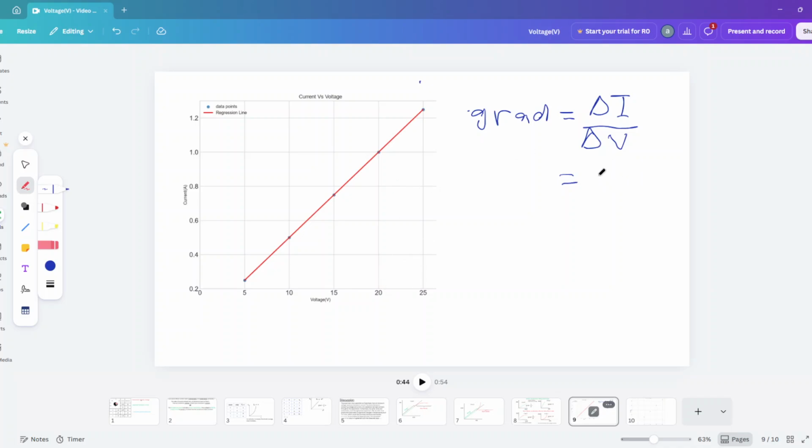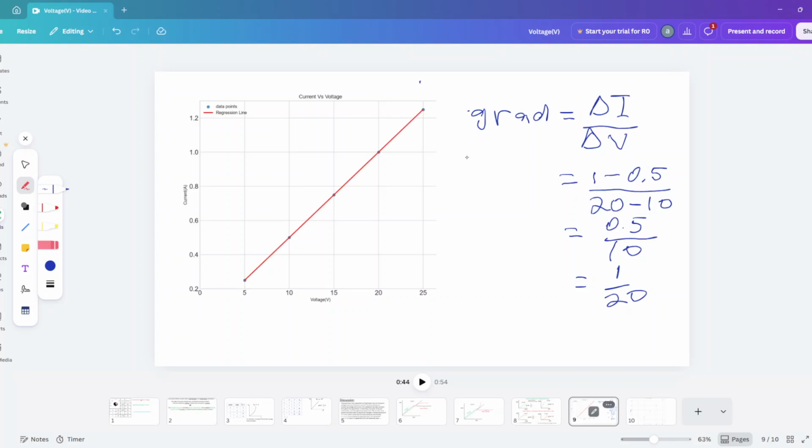If I select the value when the voltage is 20, the current is 1, minus the value when the voltage is 10, the value is 0.5, divided by 20 minus 10. That's the change in current over change in voltage. That gives me 0.5 divided by 10, and that is equal to 1 over 20.